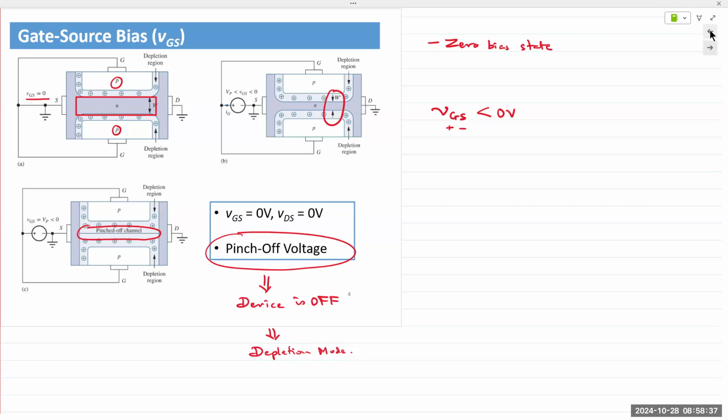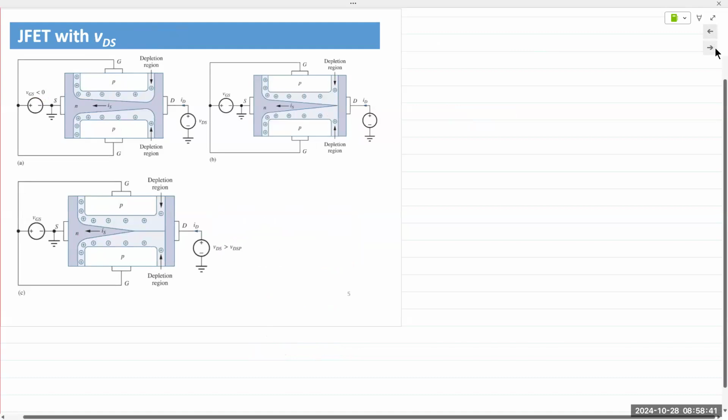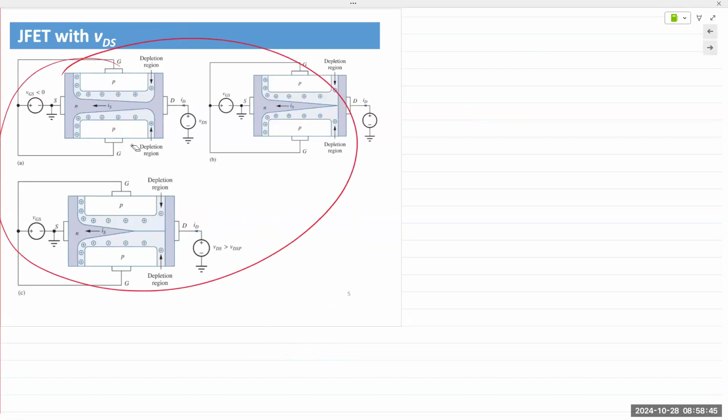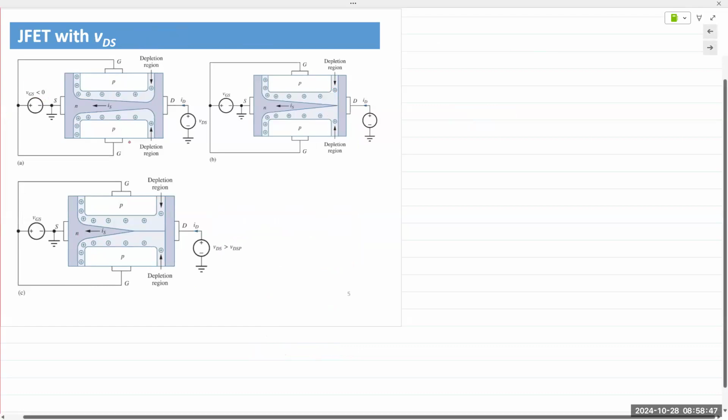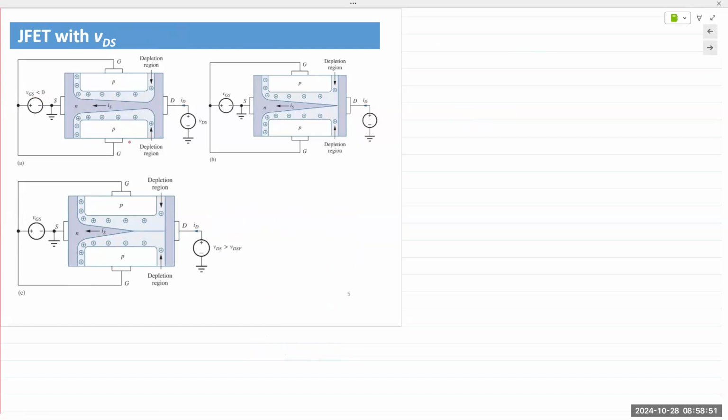So the next page, the next slide, here we have figures and illustrations where VGS may be equal to 0, but you apply a drain to source voltage, and because of the externally applied voltage and electric field, you have current flow from drain to the source.